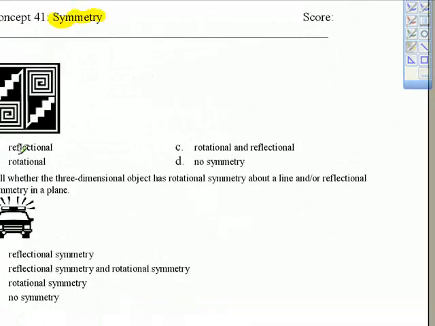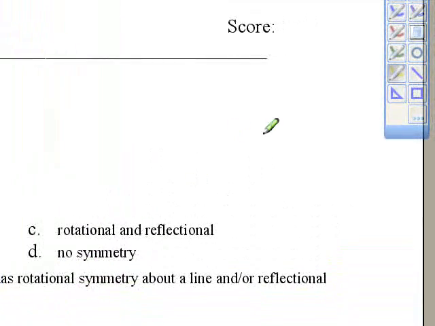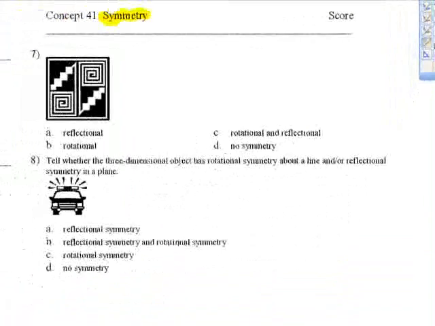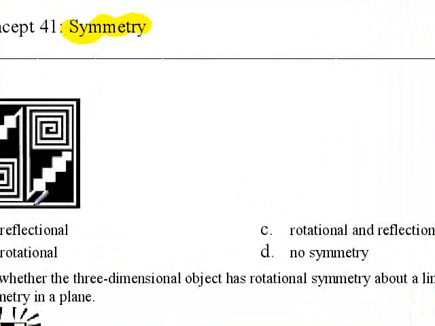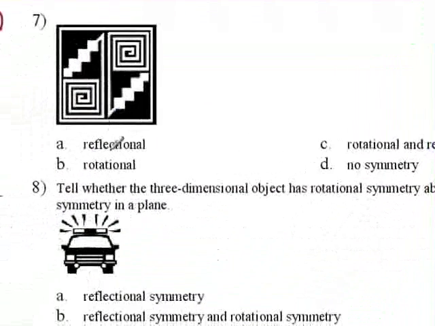Is it reflectional, rotational, rotational and reflectional, or does it have no symmetry? It's just rotational. We can rotate it 180 degrees. It won't reflect because it won't be the same, right? So we can get rid of anything that says reflectional, and we do see the rotational.